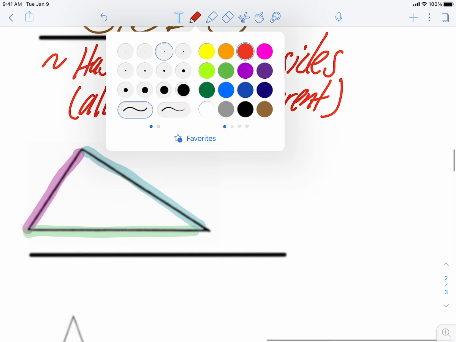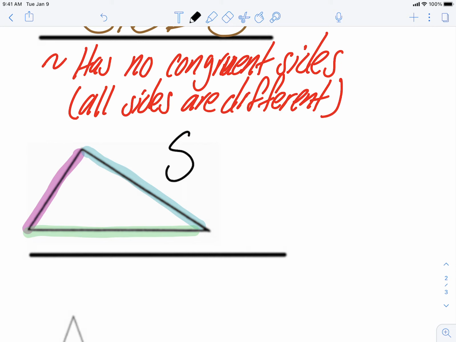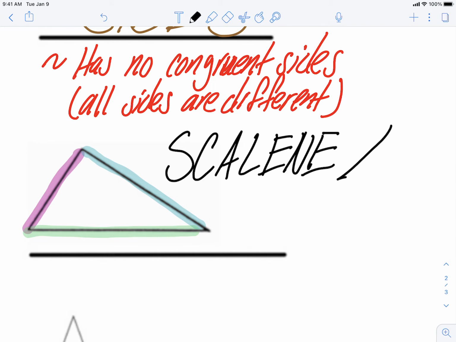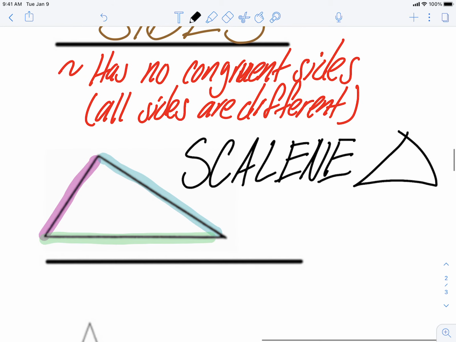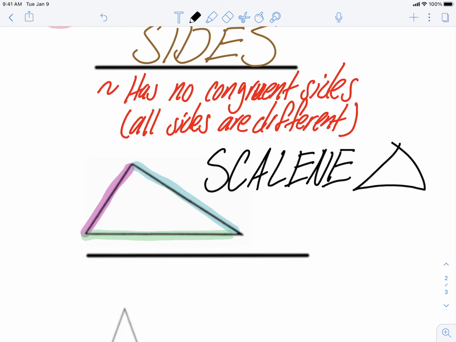And that, kiddos, is what we call a scalene triangle. Has no congruent sides. All sides are different. If all three sides are different, we call that a scalene triangle.